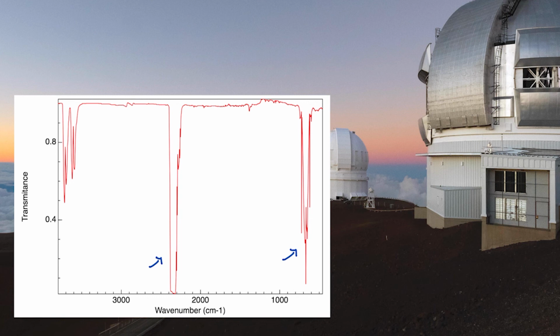Because there's no change in dipole. If we think about carbon dioxide, because it's a linear molecule rather than bent like water, a symmetrical stretch won't lead us to a change in dipole moment. So we just see a peak for bending and for the asymmetric.